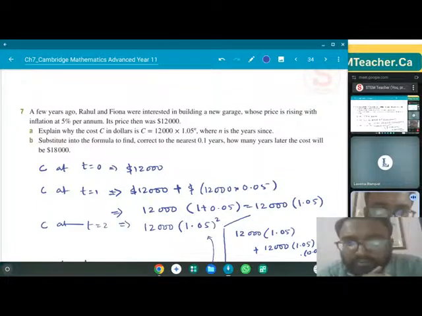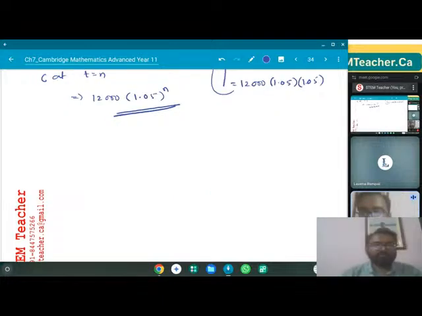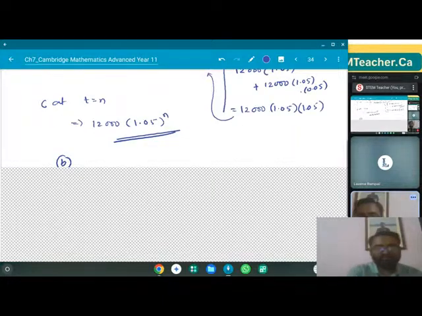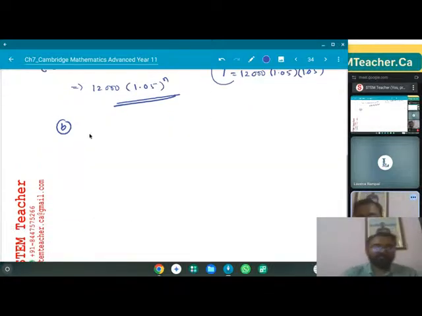How many years later will the cost be $18,000? For that purpose, the cost of the garage is 18,000, so 18,000 equals 12,000 into 1.05 to the power of n.